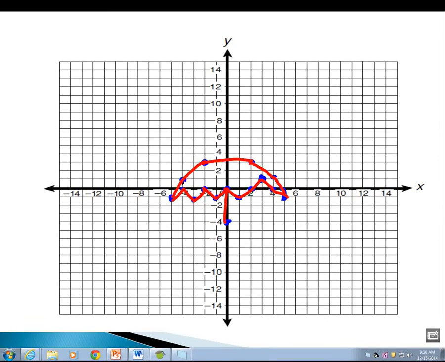Negative 1, negative 5, negative 1, 1, 2, 3, 4, 5. Negative 2, negative 5, 1, 2, 1, 2, 3, 4, 5. Negative 3, negative 4, 1, 2, 1, 2, 3, 4.